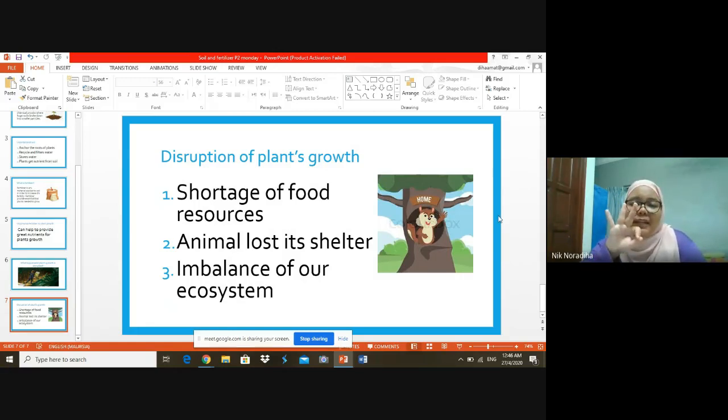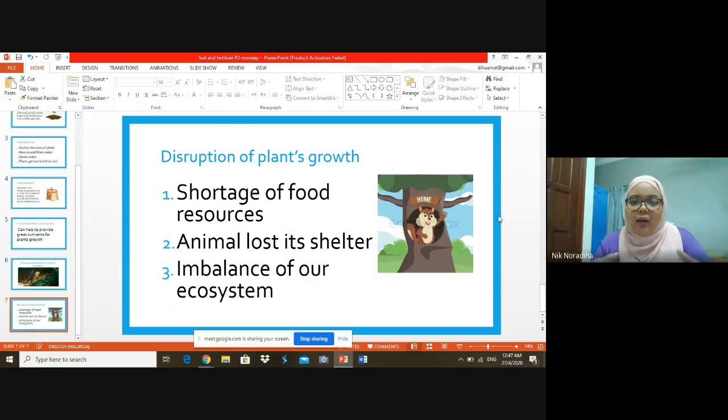So the third one is imbalance of our ecosystem. Okay, many of you already know that what plants provide to us is oxygen. Oxygen for us to breathe in every day, and what do we humans and animals provide to plants? Yes, carbon dioxide.